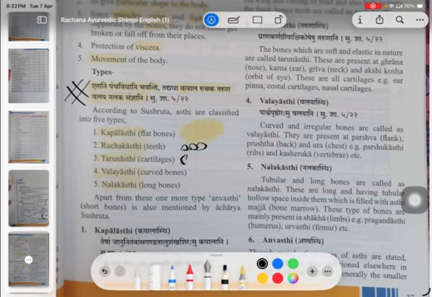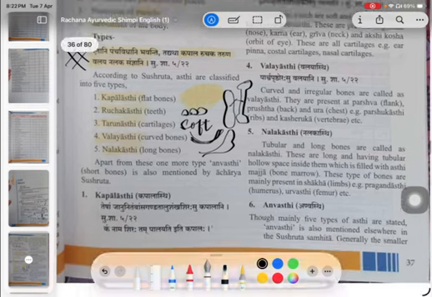Tarunasthi are the soft parts. Cartilages are also considered to be bones in Ayurveda. Valayasthi are curved bones like ribs. Then Nalakasthi are long bones because they have channels in between. They have hollow space in between, right? So they are known as Nalakasthi.